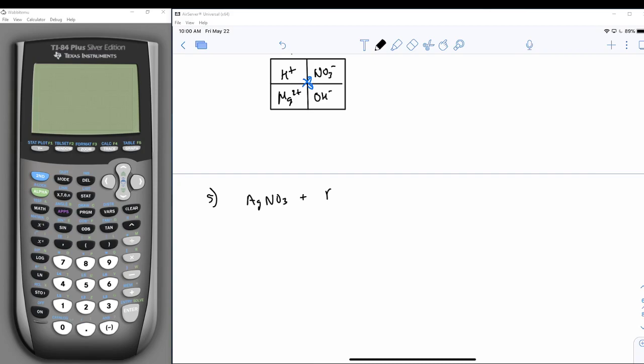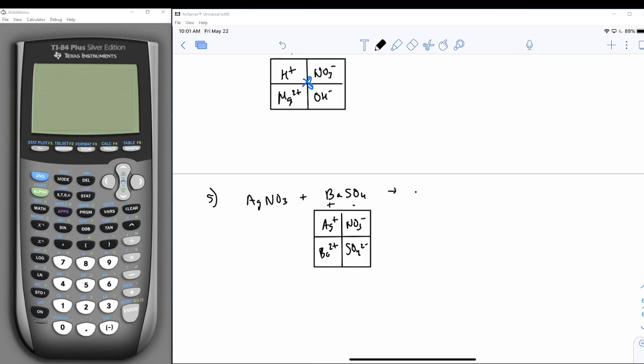AgNO3 plus BaSO4. Ag plus, NO3 minus, Ba2 plus, SO4 2 minus. So, oops, yeah, that's right.